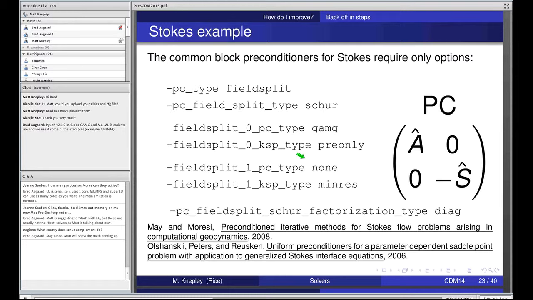So what this says is, this Schur complement method is exact, but the subsolvers are inexact. This was proposed in this paper here in 2008, and also this paper here in 2006. The paper in 2008 is specifically a geodynamics paper, so I included it.